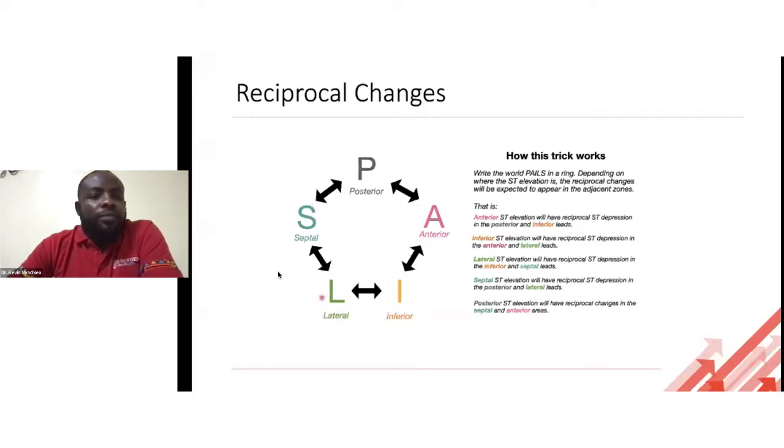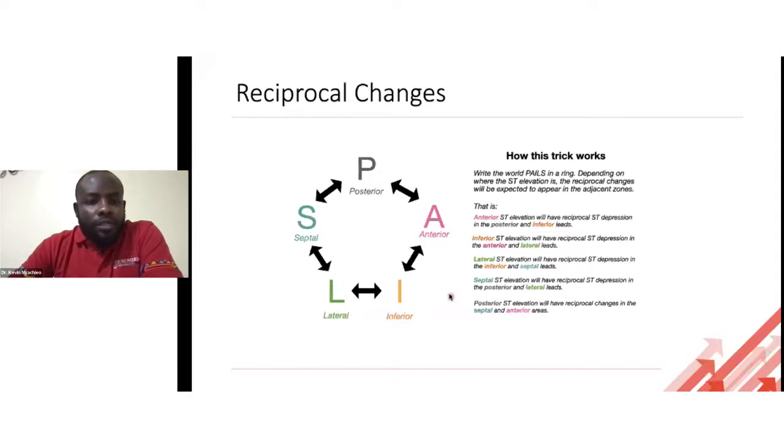The more ECGs you look at, the more you look for these reciprocal changes and the ST elevations, the more with time you're able to make sense of them. Sometimes you just look at your anterior leads and immediately, when you look at the inferior leads, you're able to tell there are already reciprocal changes. The more you practice, the more you see these ECGs, the more it becomes second nature to you.